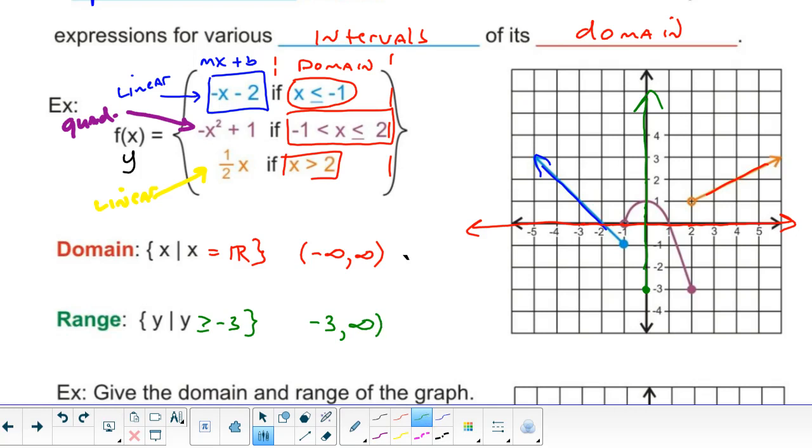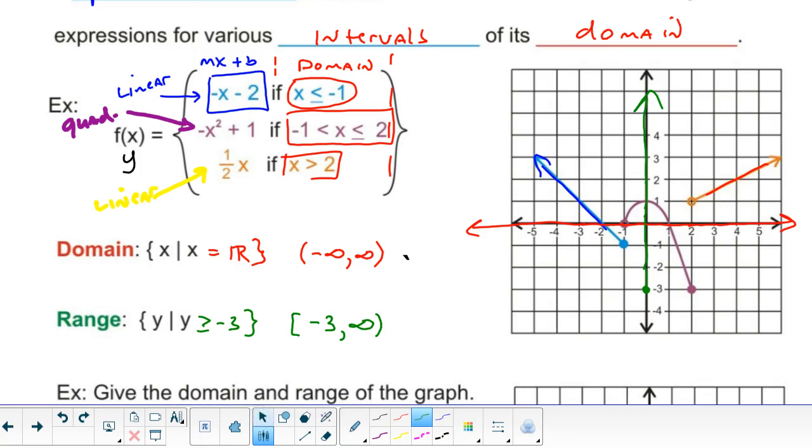Now the -3 is included, correct? Because of the dot. Therefore we use a bracket. If it were an open circle at the -3, I would use a parentheses. So now we know two different ways of saying the same thing: set builder notation or inequality form, and interval form. Domain and range.